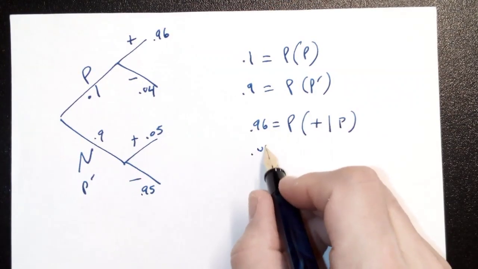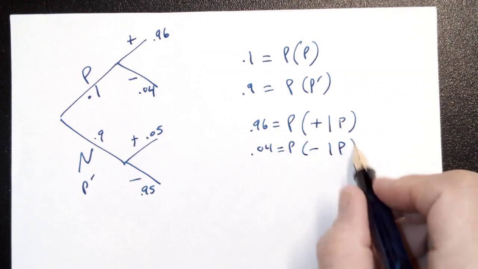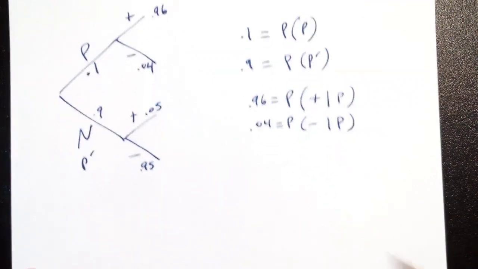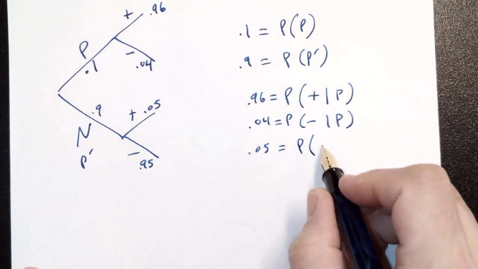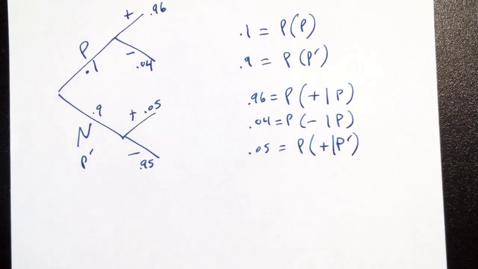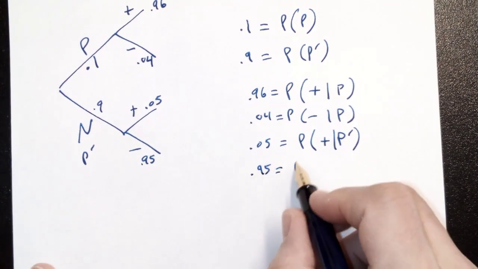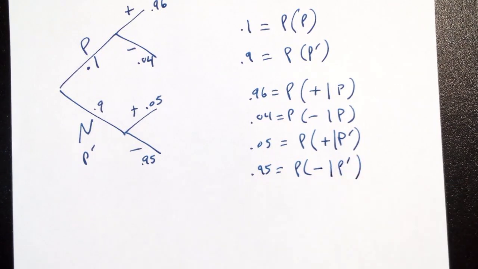And the 0.04 is the chance I got a negative test result given that the person was pregnant. The 0.05 is, given the person isn't pregnant, I still got a positive test result. And the 95%: they're not pregnant, I got a negative result.